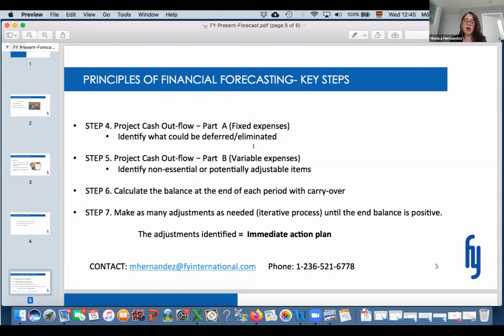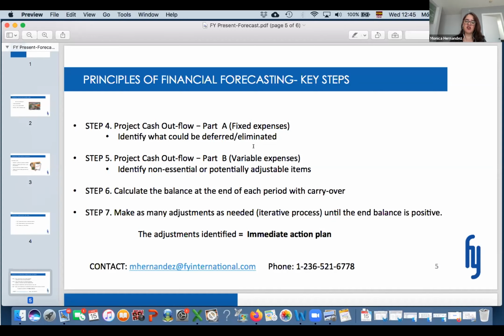Once you have the balance, which at the beginning might be negative, you need to make as many adjustments as needed in an iterative process until your end balance is positive. So this is an exercise of really thinking and adjusting.